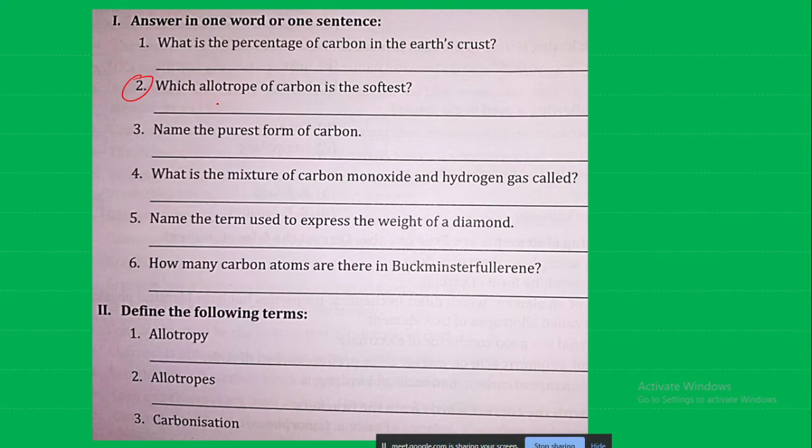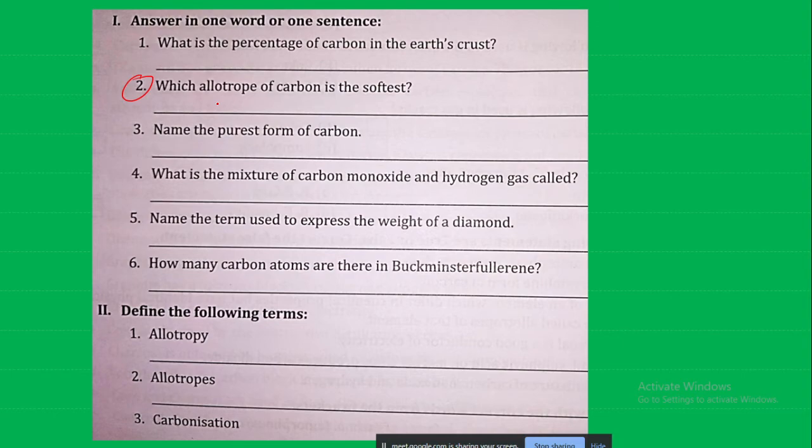So in the absence of oxygen you heat it such that it is converted to carbon. Can we say carbonization is the process of removing carbon? Not to remove carbon, but to obtain carbon. You remove the other impurities so that you are left with the carbon.